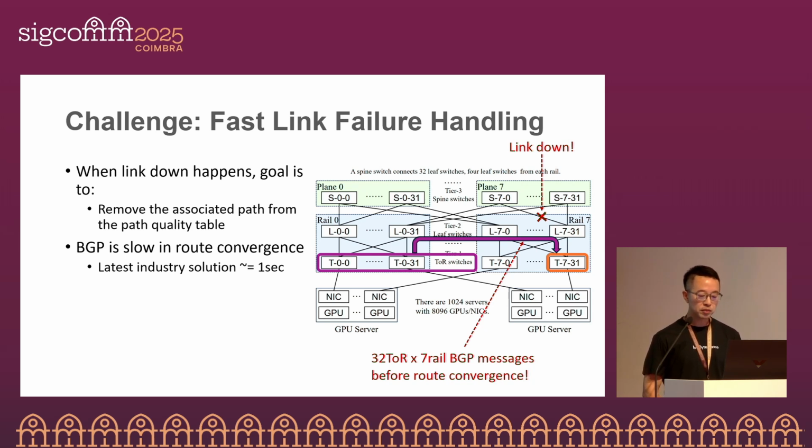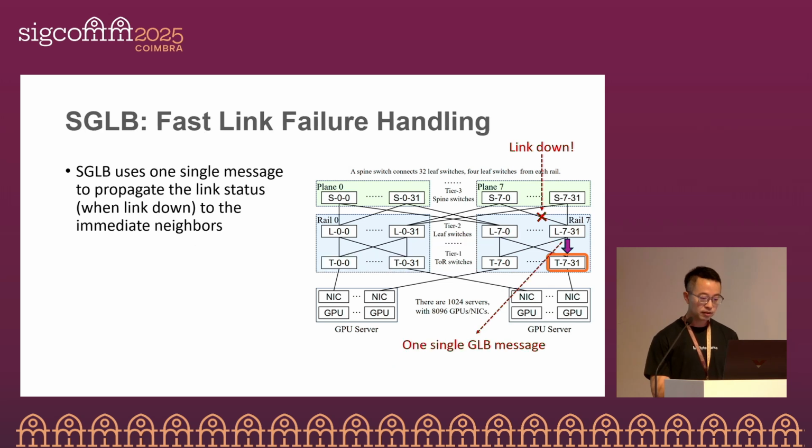As you can see in the picture, a link failure between S70 and L731 will cause 32 by 7, which is 2 to 4 BGP messages to come to T731 before the ASIC routing tables can be updated. So SGLB, on the other hand, uses just 1 message to propagate the link status to the immediate neighbors.